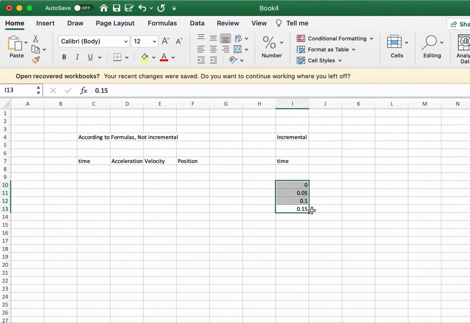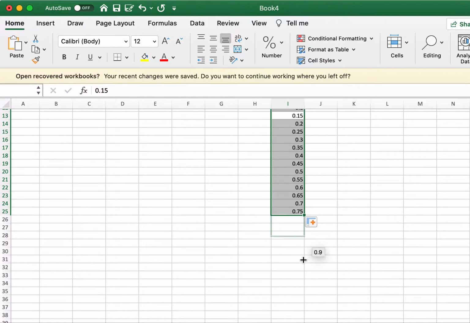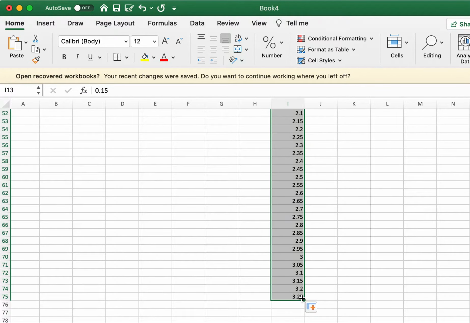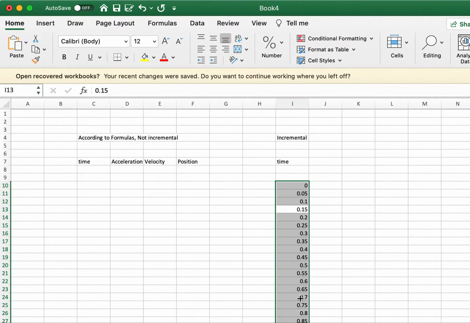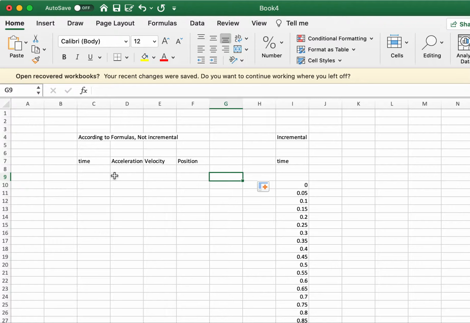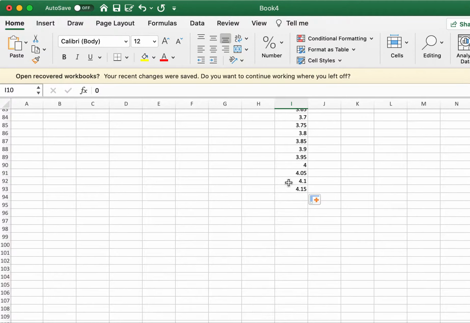In Excel, I can just start a pattern and then drag it down, and it'll just keep going. I don't know how much time we'll need yet, but for my formulas, I'm just going to keep those same times.